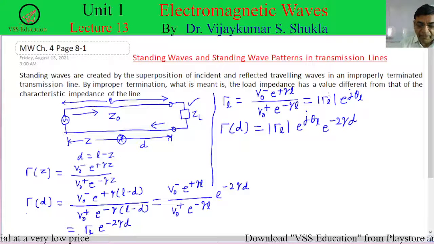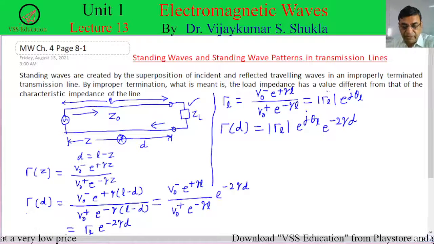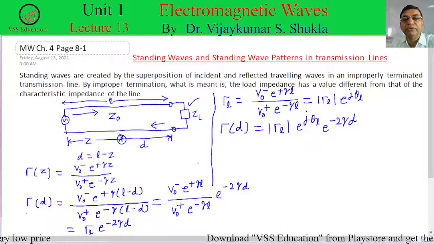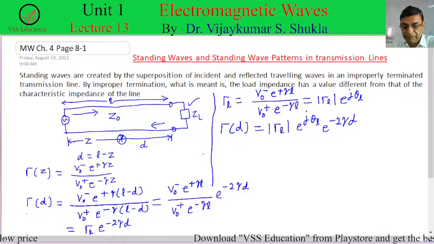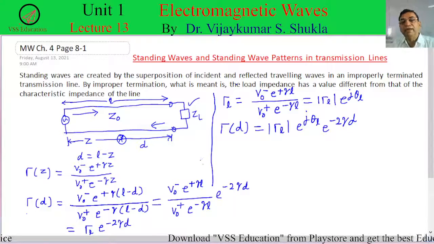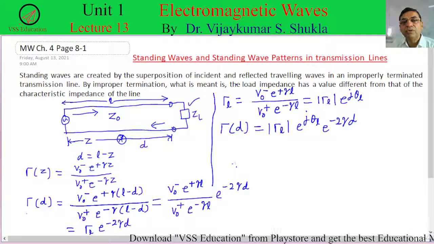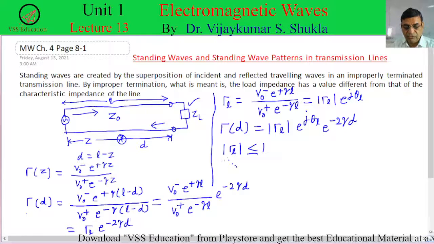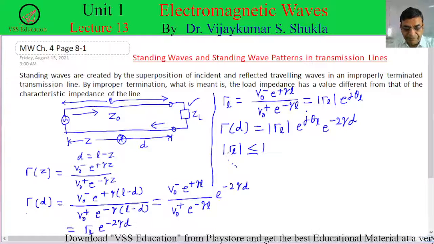What is mod gamma L? That is the magnitude, and it is never greater than unity. That means mod gamma L is always less than or equal to 1. And what is theta L?